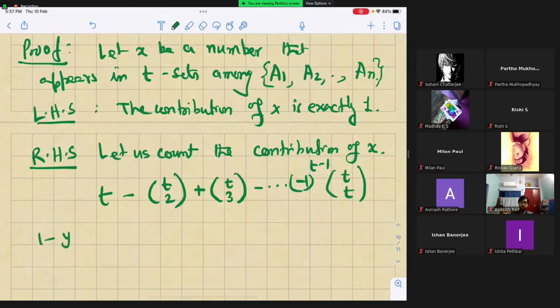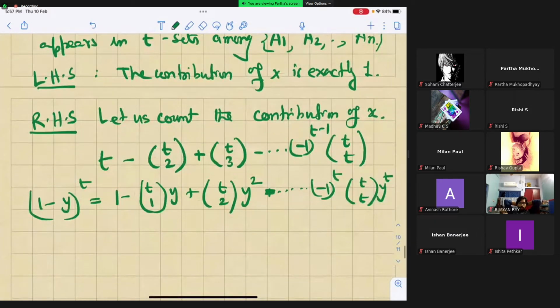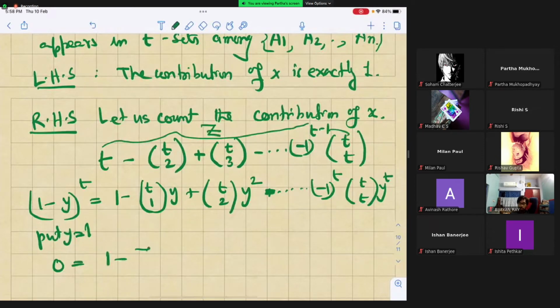Because of this simple identity: this is equal to 1 minus T choose 1 y plus T choose 2 y squared minus T choose 3 y cubed, and so on, because of the binomial expression, and then put y equal to 1. So this side is 0, and this side is 1 minus, so let's call the thing that we want z. So this is basically 1 minus z, which implies z equals 1.